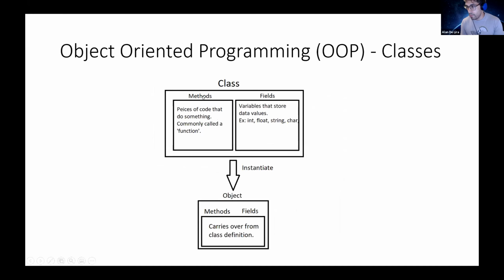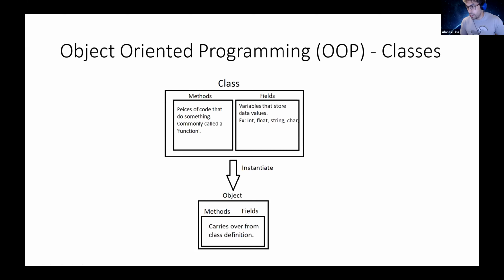So a class could have methods and fields, or variables and functions. And when you create an instance of a class, it's called an object. And the object carries over the same methods and fields defined in the class.